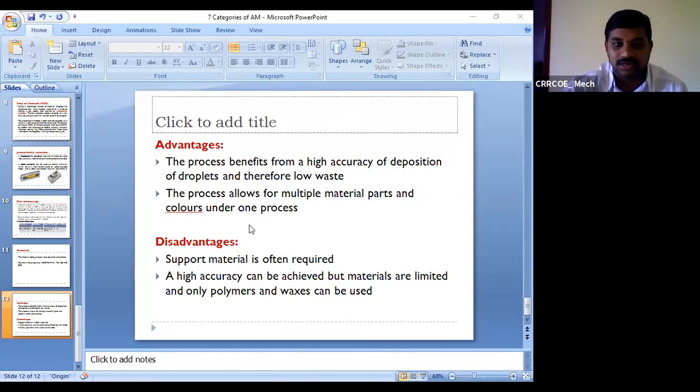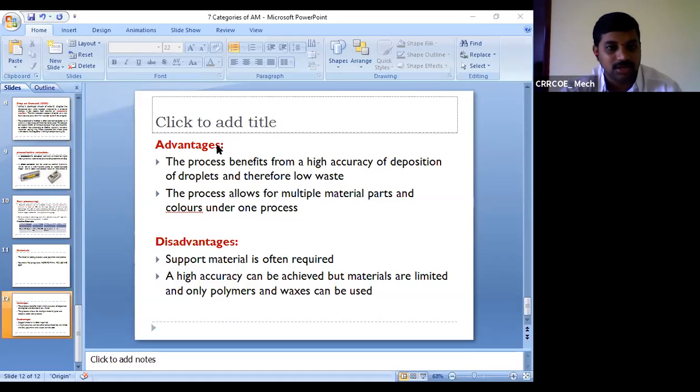Every process has some pros and cons, that is, advantages and disadvantages. This material jetting process has advantages. The process benefits from a high accuracy of deposition of droplets, and therefore low wastage. The wastage will be very minimum.